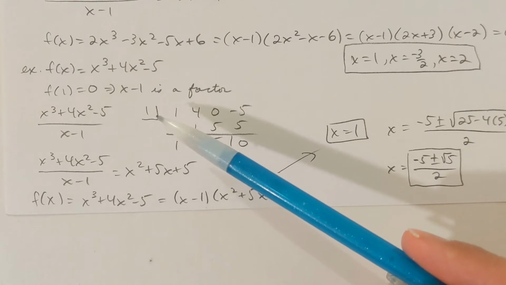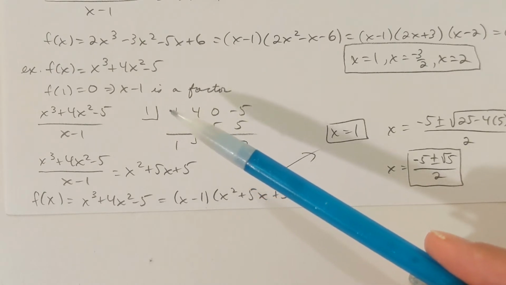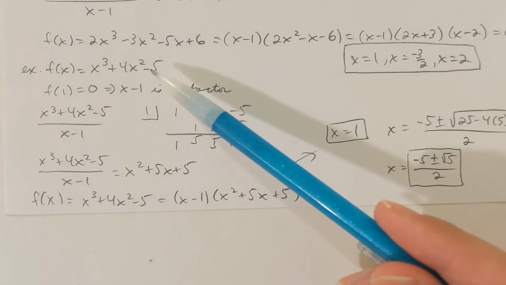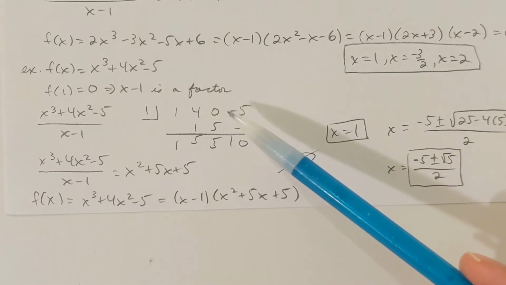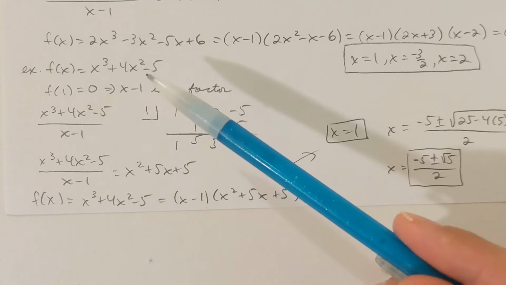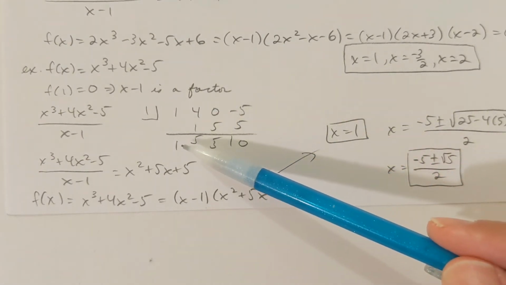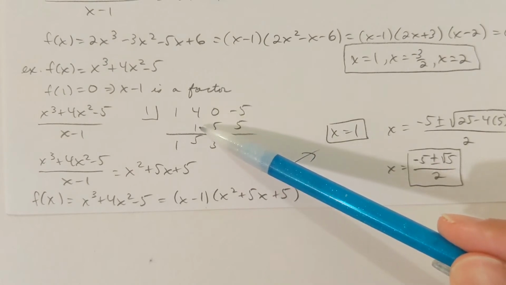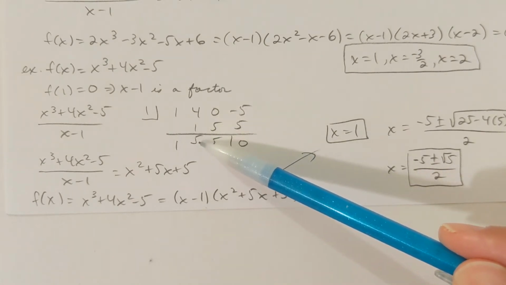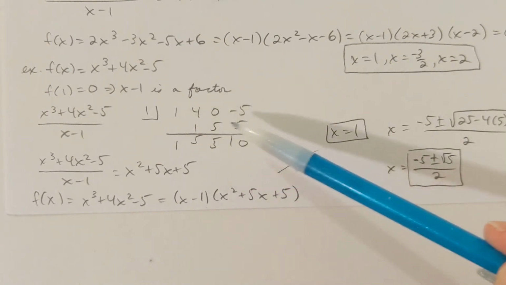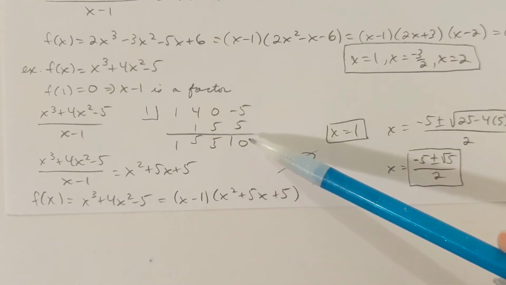So 1 is going to be the number that goes in the upper left-hand corner of this table. 1, 4, 0, negative 5. 0 is because there's a 0 in front of x. Okay, so I can bring down the 1. 1 times 1 is 1. 4 plus 1 is 5. Times 1 is 5. 0 plus 5 is 5. Times 1 is 5. Negative 5 plus 5 is 0.